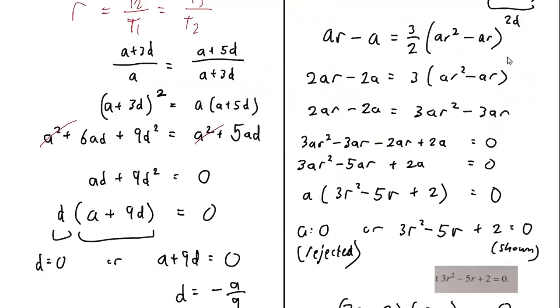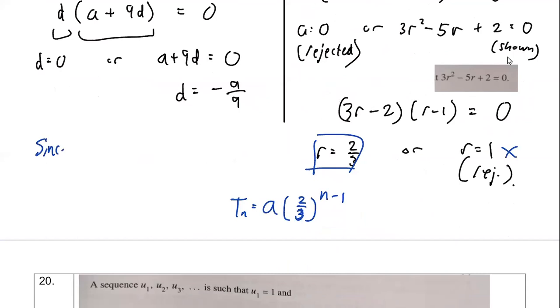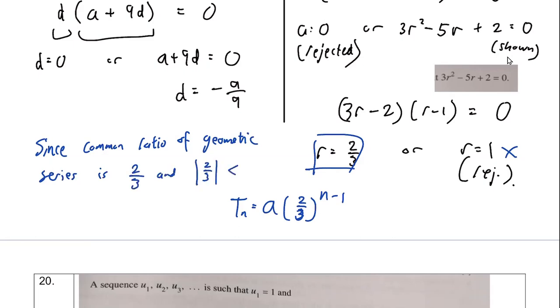Here the explanation would be, since the common ratio of the geometric series is 2/3 and modulus of 2/3 is less than 1, this implies that the geometric series will be convergent. The radius must be less than 1. Geometric series is convergent. Okay, good. Next.